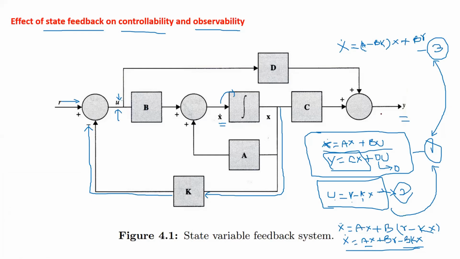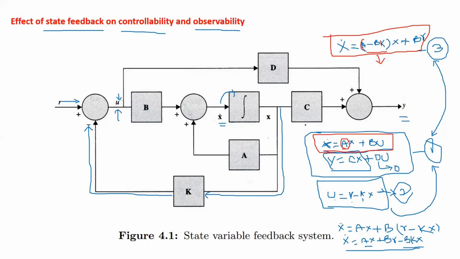But after substitution of the state feedback, X dot is equal to A minus B into K into X. That means here only the matrix A is multiplied with the state variable X. But when you connect state feedback to the system, the system matrix is modified as A minus B multiplied with the gain constant K. So look at this one.